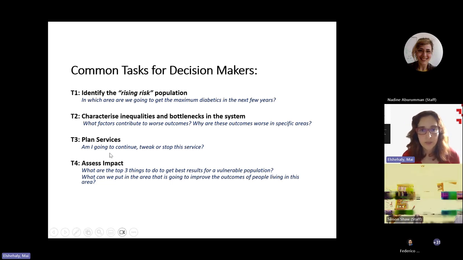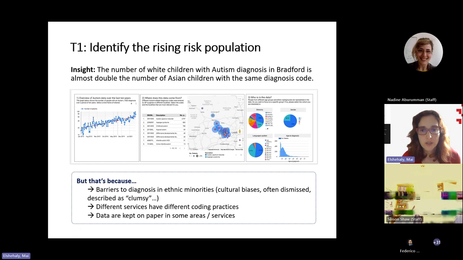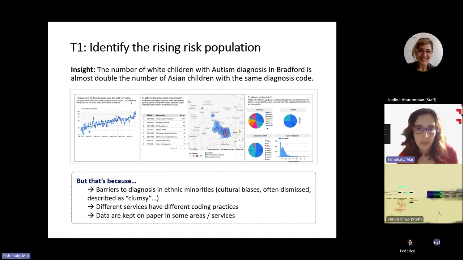But again, looking at the real world data, we ran into the same sort of issues that we were just describing earlier, which is the idea of how the data comes to be. So the provenance of the data really matters. For example, this was an example dashboard that we created and had conversations with commissioners about, where we started looking at a cohort of autism.